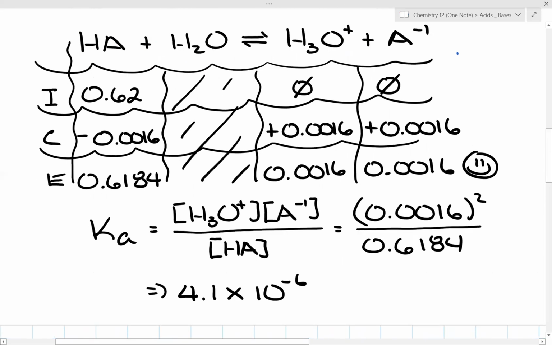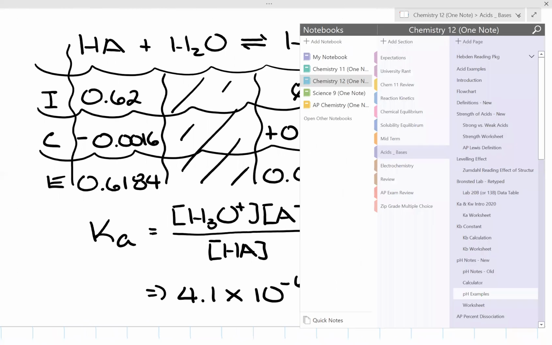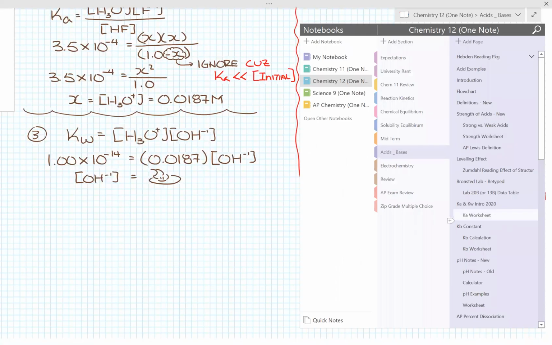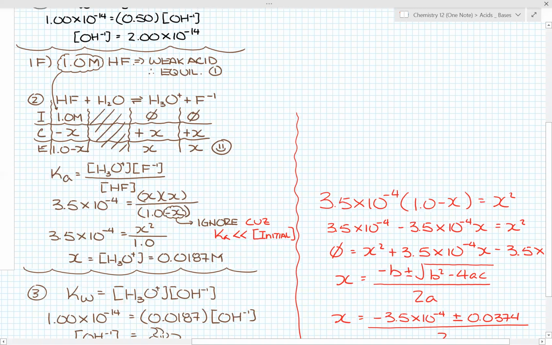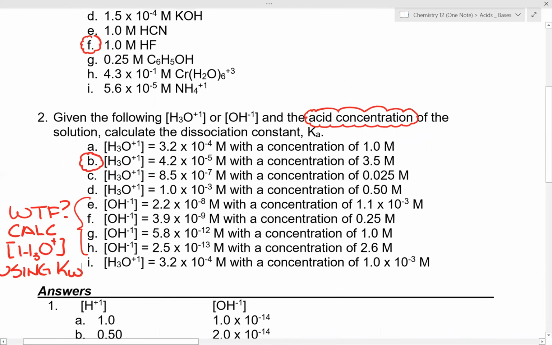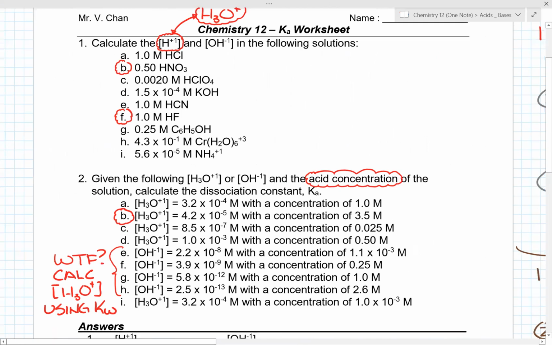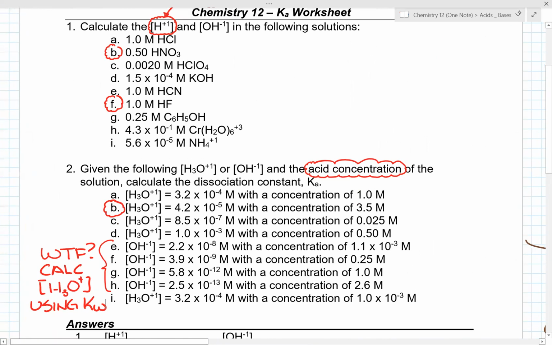Now, this calculation should be very similar to your Ka worksheet calculations. Okay, so what you should have done is question number 2A, 2B, 2C from your Ka worksheet. Remember, you had to do ice tables.